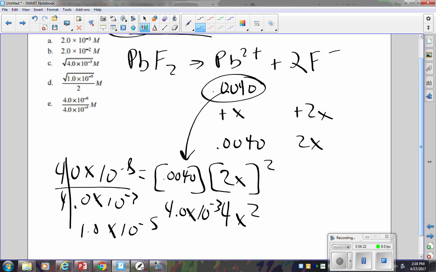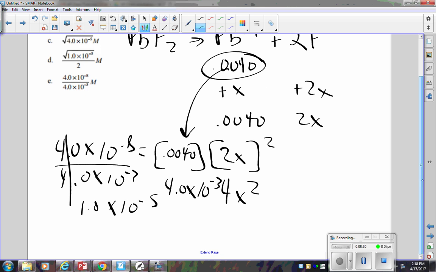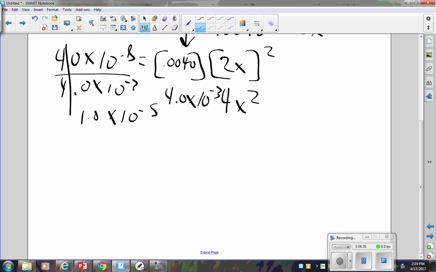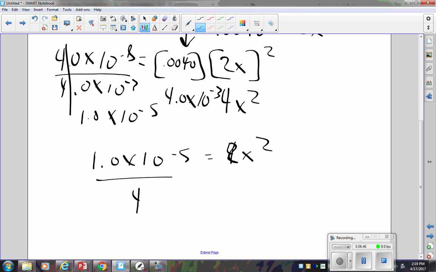And then I'm going to divide that by 4. So then what I'm going to do after that is I'll have 1.0 times 10 to the negative fifth is equal to 4x squared. So I'm going to divide this by 4 is equal to x squared. So I'm going to have to take the square root of this.